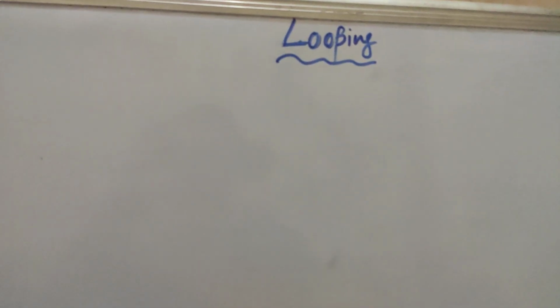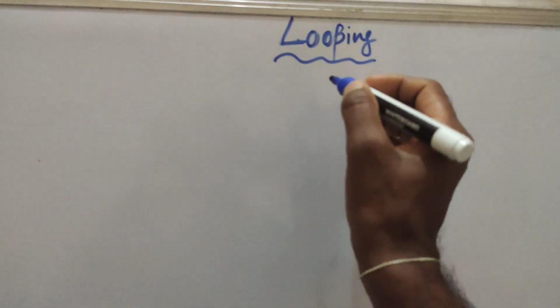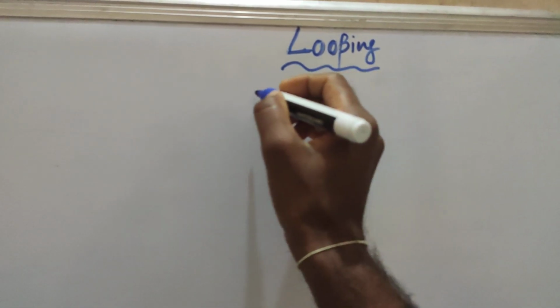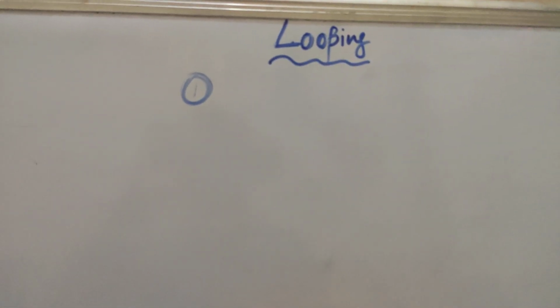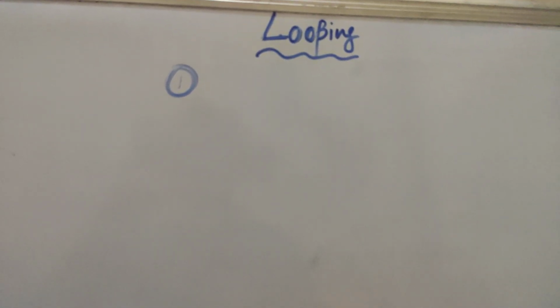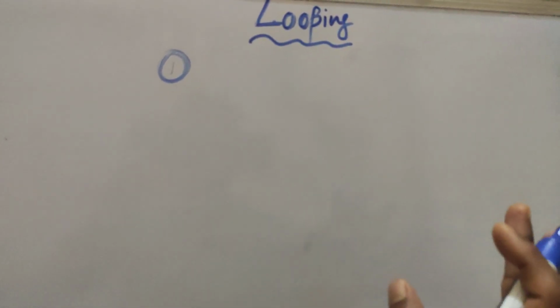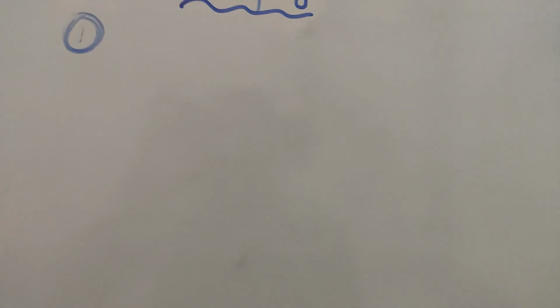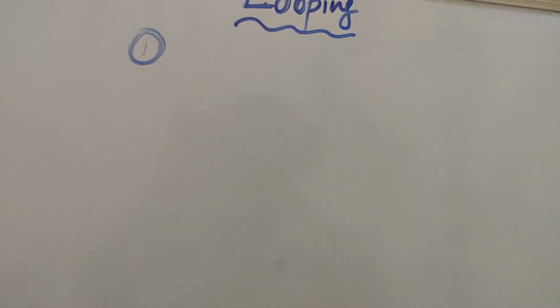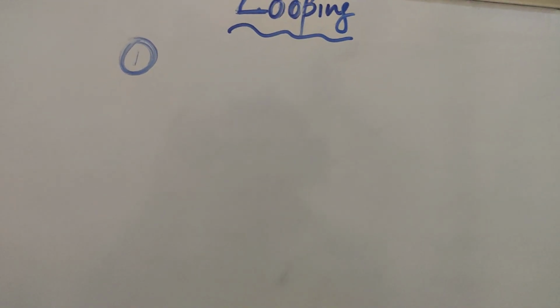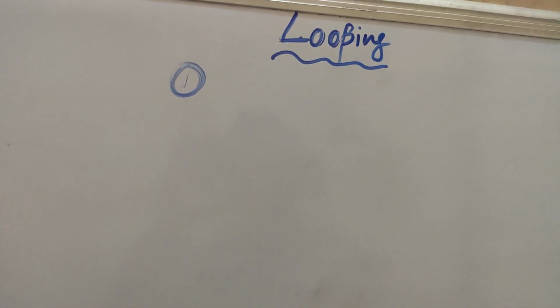Okay, so on the basis of working, loops are of two types. First, definite loop and indefinite loop. Definite loop means the loop has a barricade. Barricade means 10 times, 20 times. That is definite.